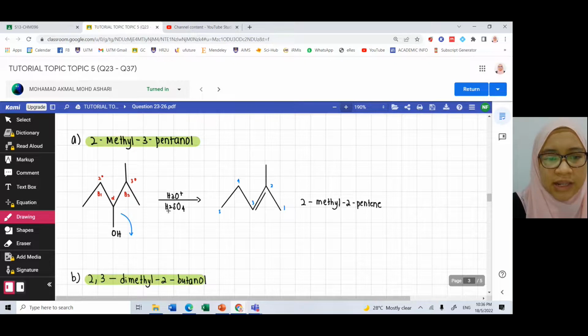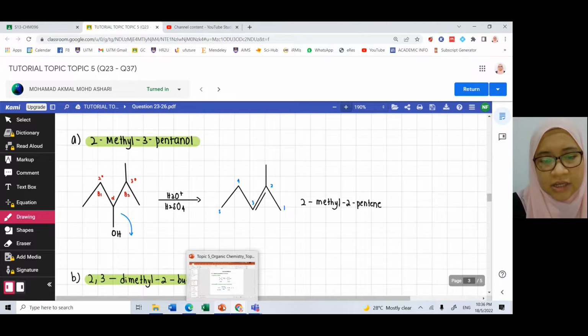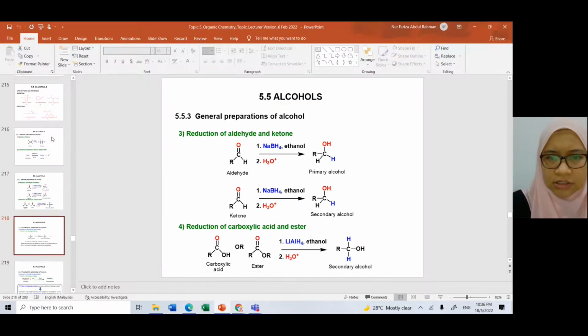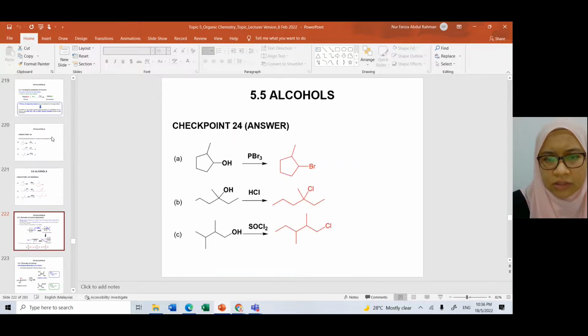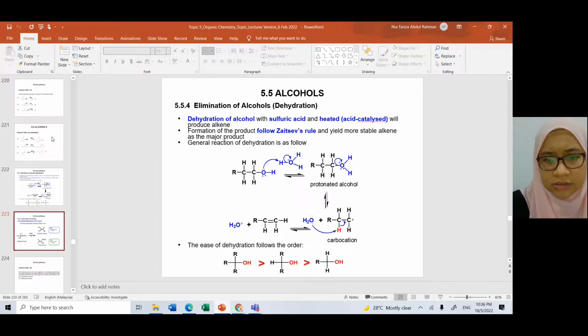This is the reagent used in this reaction, but you have to check the reagent and condition for this dehydration reaction. Let's very quickly check the lecture note on the dehydration process.